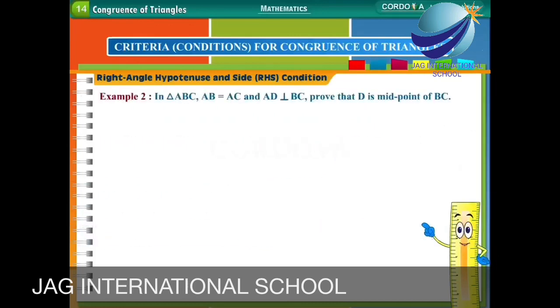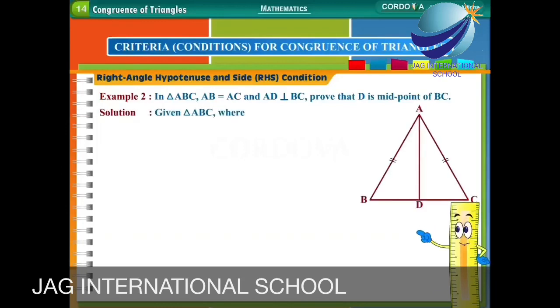Example 2. In triangle ABC, AB equal to AC and AD perpendicular to BC. Prove that D is midpoint of BC. Solution. Given triangle ABC, where AB equal to AC, AD perpendicular to BC. In triangle ADB and triangle ADC, angle ADB equal to angle ADC, which is equal to 90 degrees, given.